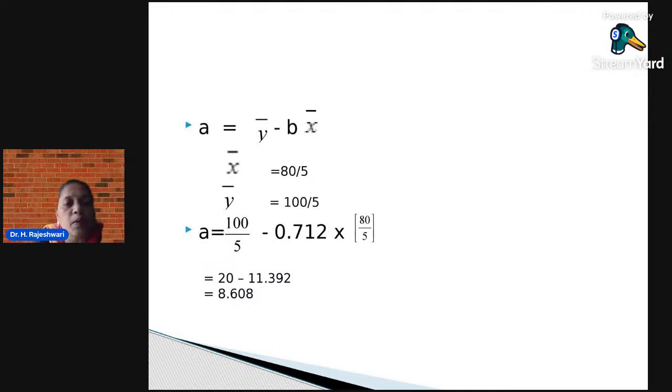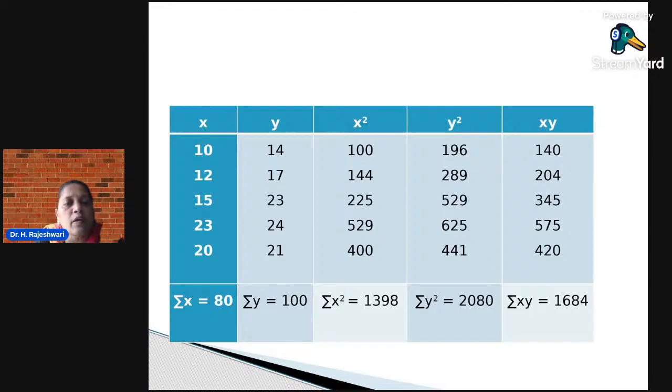To find the x bar value, that is the mean, find the sum, sigma x equal to 80, divided by the number of values, that is 1 2 3 4 5. So 80 by 5 will give you x bar. For the y bar value, add all the y, you'll get 100, and divide it by 5 because the number of values here is 5. 100 by 5 equal to 20 will be y bar.